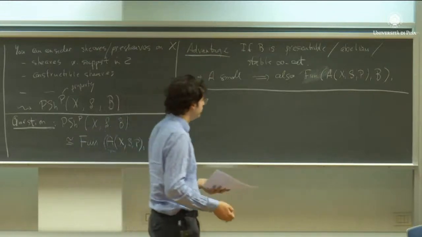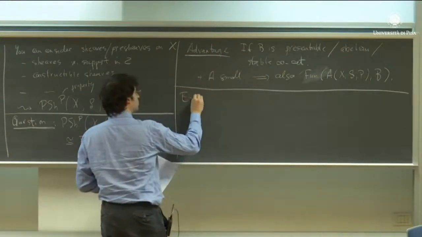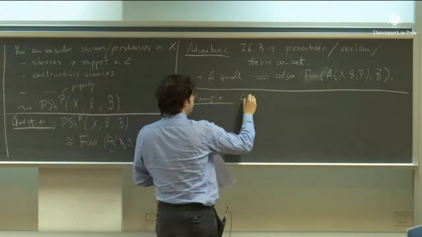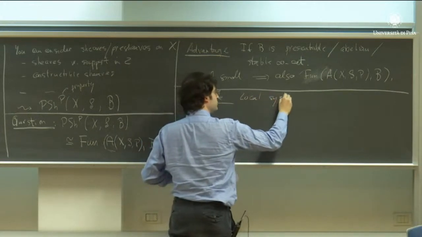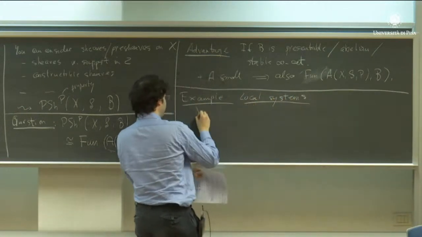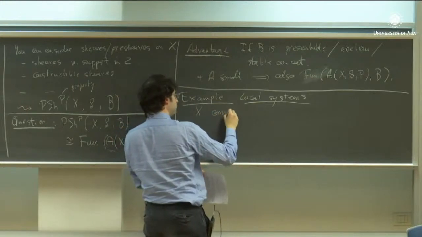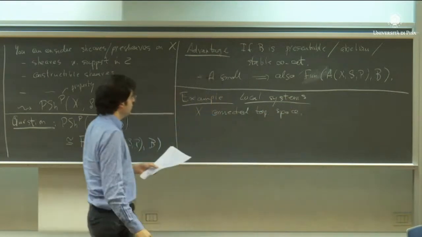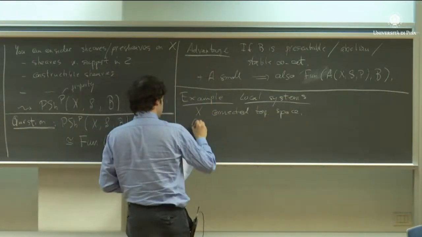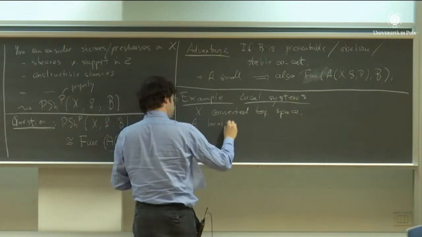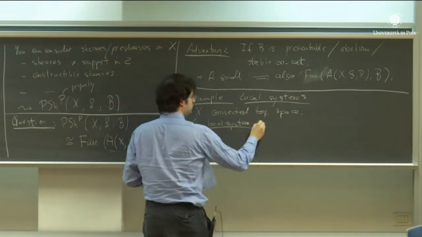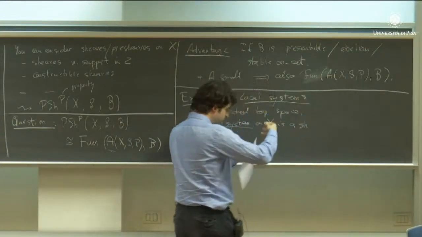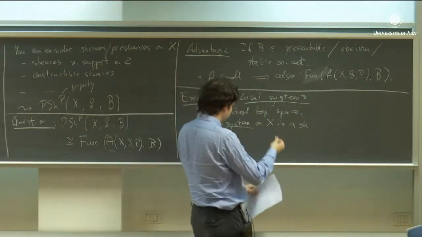So, first example, first of two: local systems. Let X be a connected topological space. A local system on X is a sheaf, so it's a presheaf with the usual topology, the topology of the space.